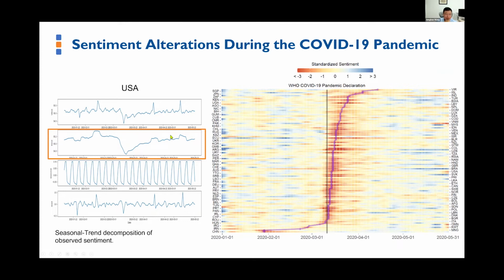After we get this time series for each country, we can have this plot to show the standardized sentiment index by country. The vertical lines show the time when the WHO declared COVID-19 a pandemic, and the purple line represents the sentiment neutral.